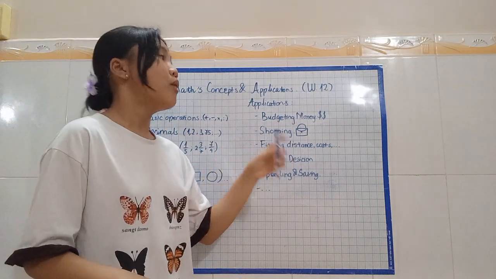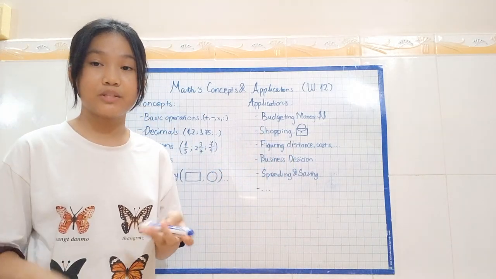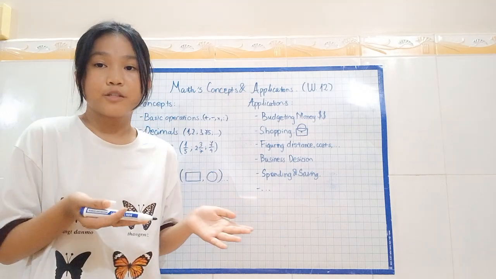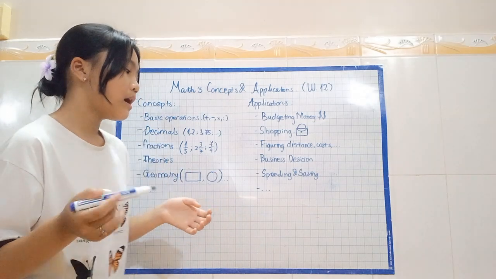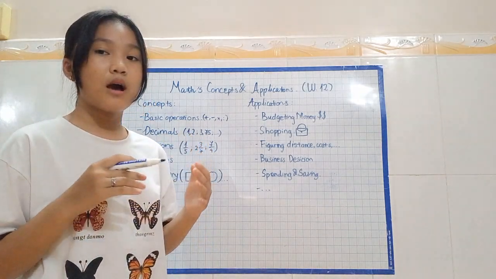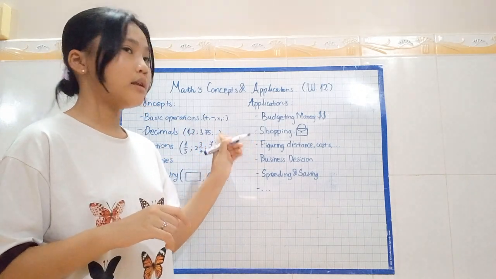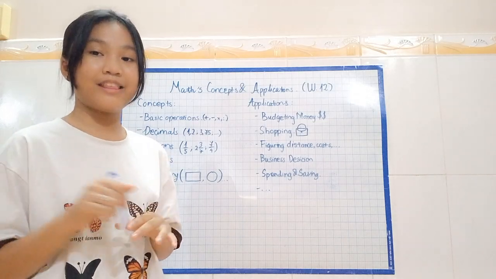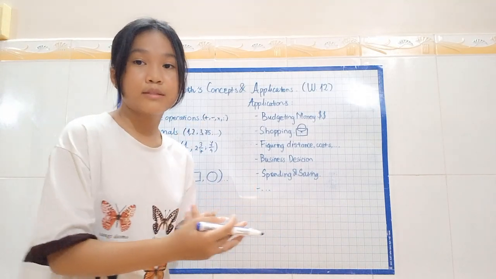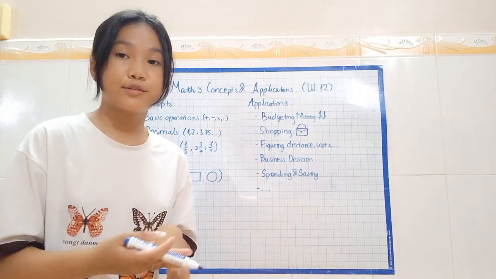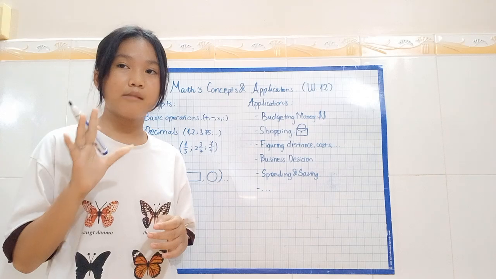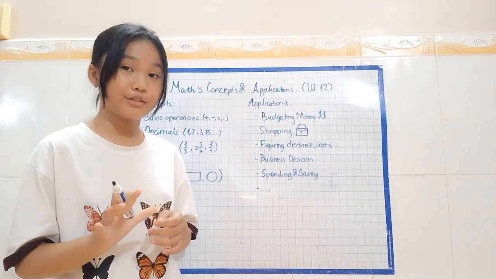Next is shopping. When you use math in shopping situations, you could easily find out which product is cheaper, which product is better. By putting the inequalities of math into shopping, we could easily find out if this store sells cheaper or that store sells cheaper, so that we could spend wiser.